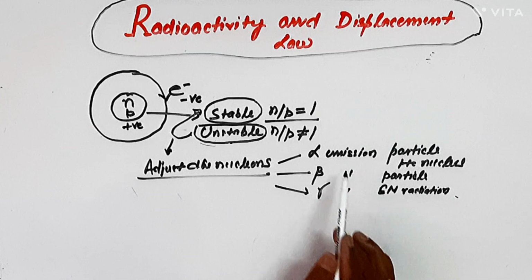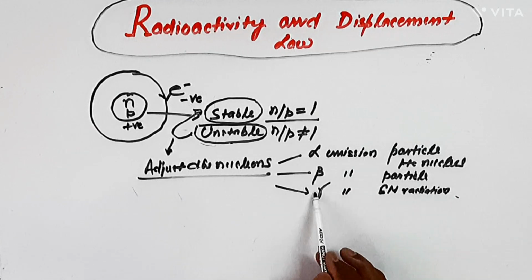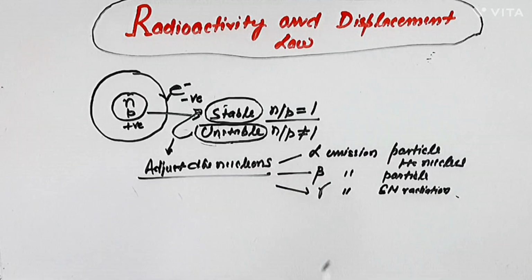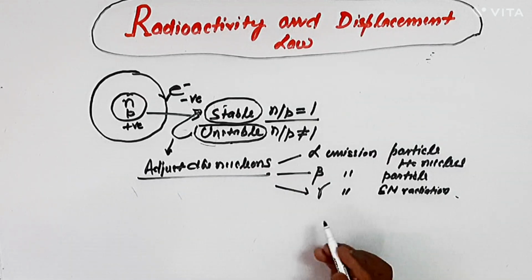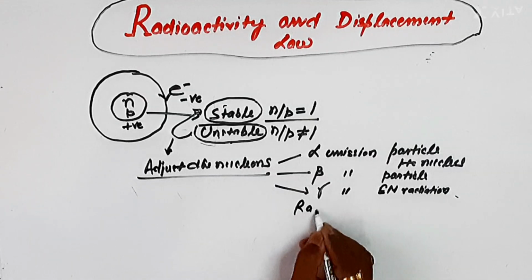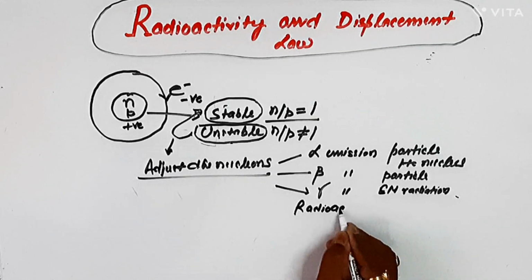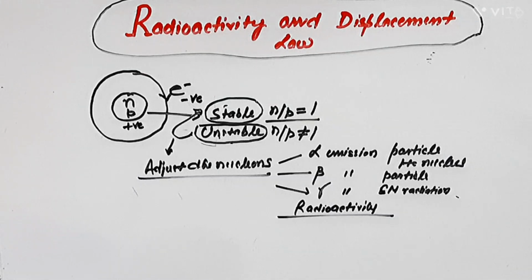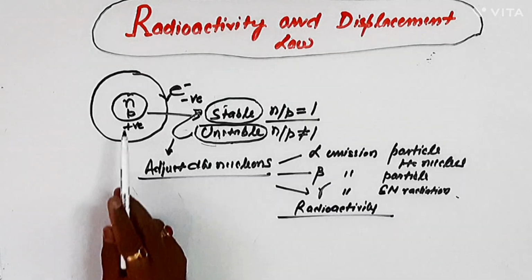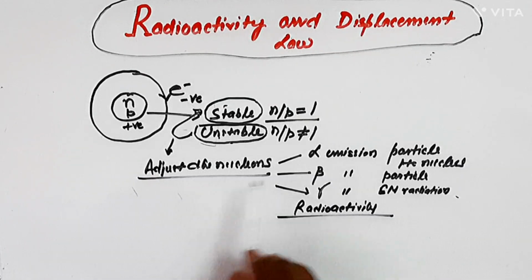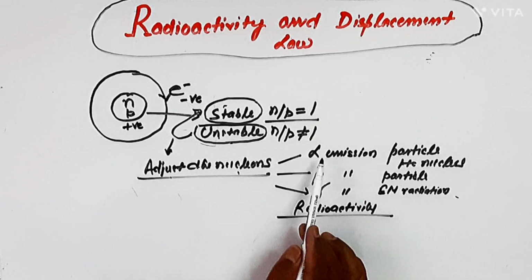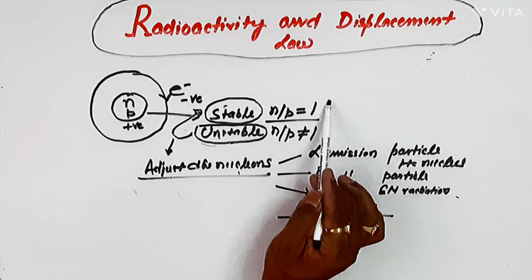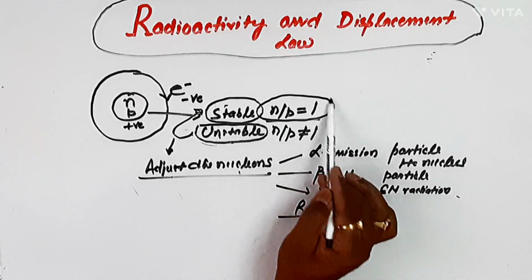With emission of these rays, alpha and beta, which are particles, and gamma, which is energy, the unstable nucleus converts into a stable nucleus, and this emission is called radioactivity. So this is the definition of radioactivity. Now we will see how the nucleus adjusts the nucleons by emission of alpha, beta or gamma to achieve this n by p ratio equal to 1.